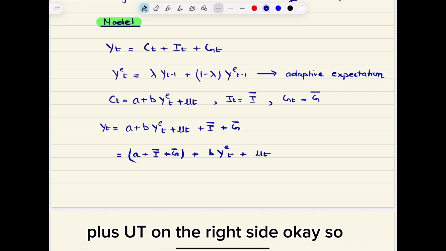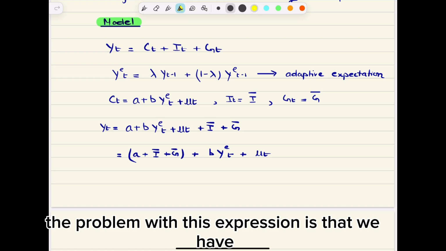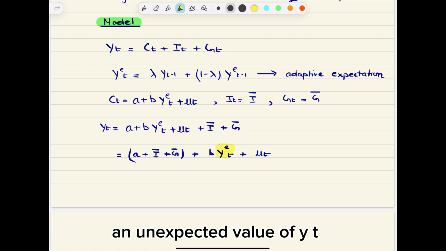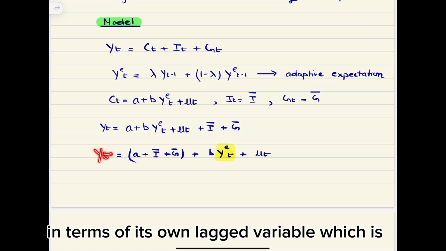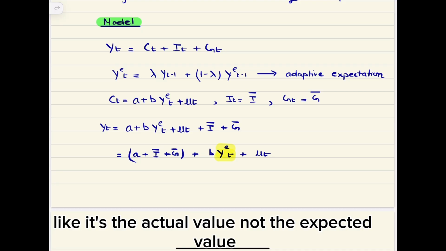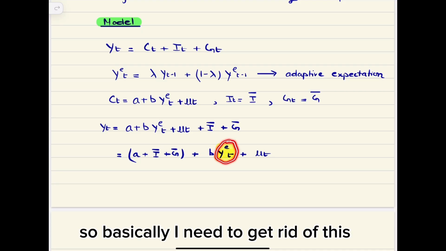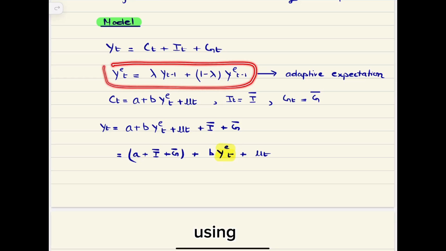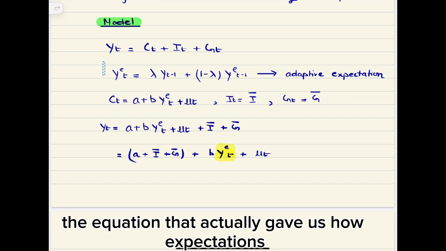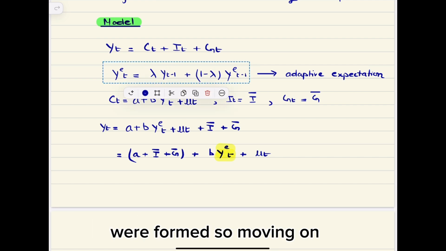Okay, so the problem with this expression is that we have an expected value of Y_t, whereas in a difference equation I want basically Y_t in terms of its own lagged variable, which is realized. It's the actual value, not the expected value. So basically I need to get rid of this expression, and how can I get rid of it? I can get rid of it by using the equation that actually gave us how expectations were formed.